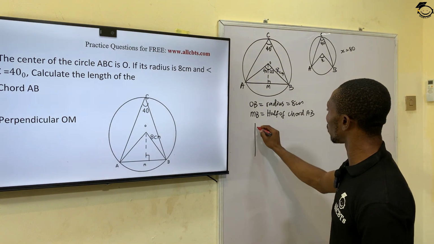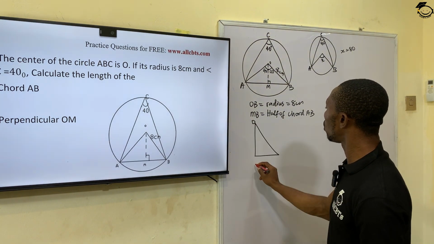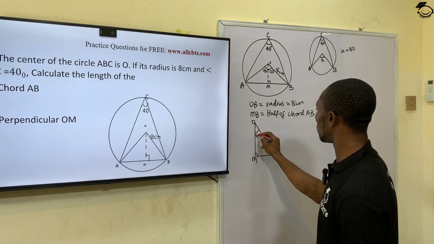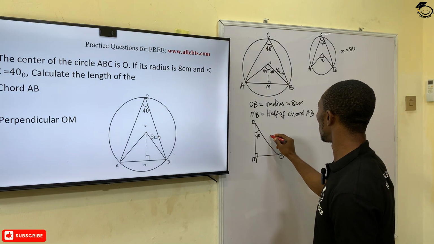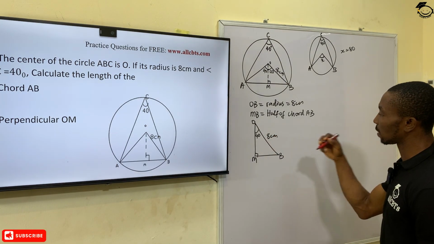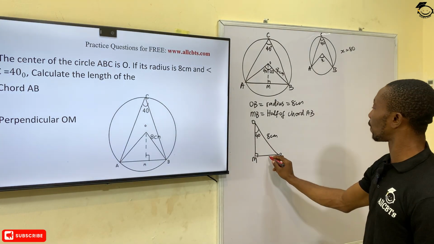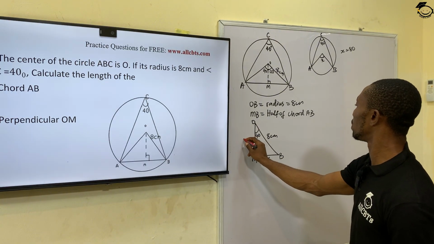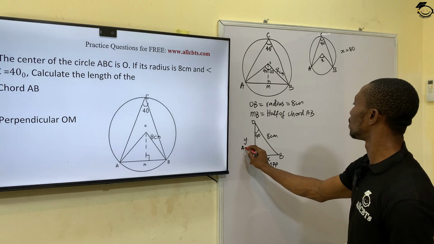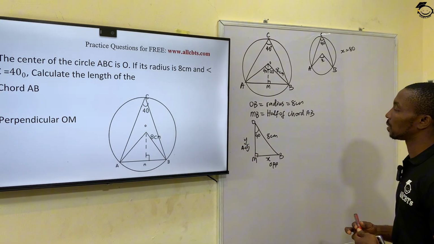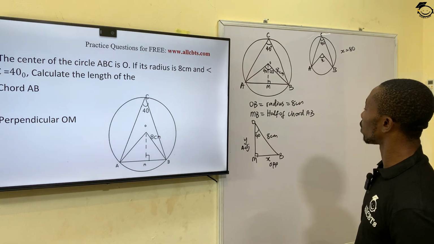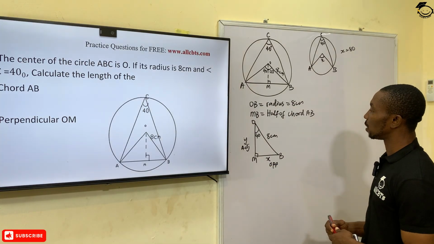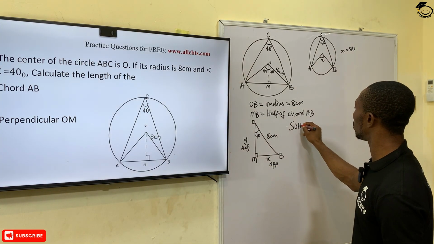So if we have this triangle as OMB, this is 40 degrees and this will be 8 centimeters. Now this is a right-angled triangle. This will act as our X, which is opposite, and this is our Y, which is adjacent. For us to find our opposite, we apply the SOHCAHTOA rule.